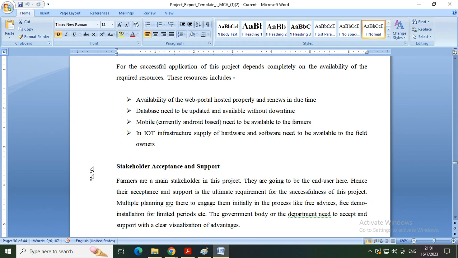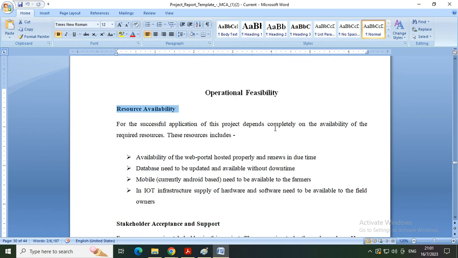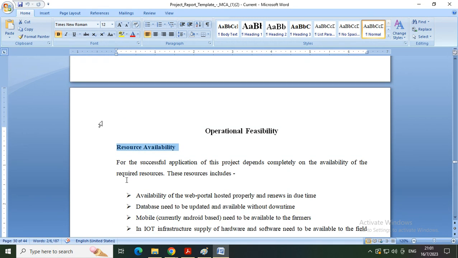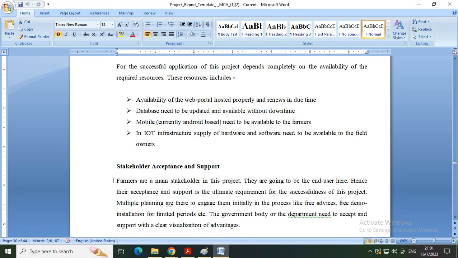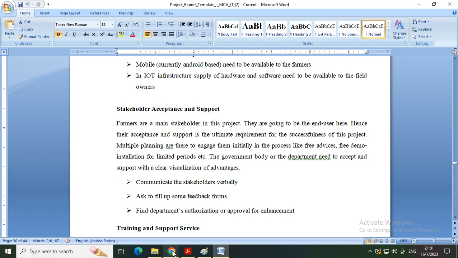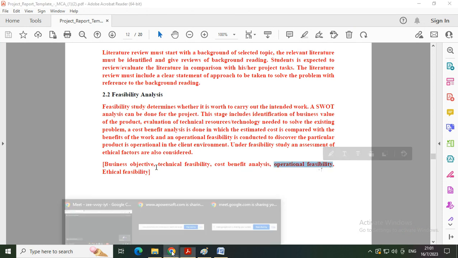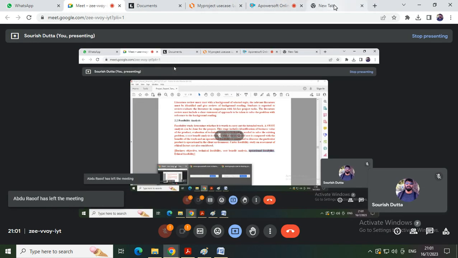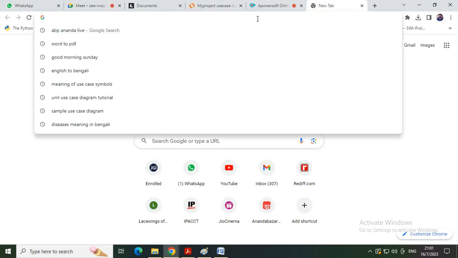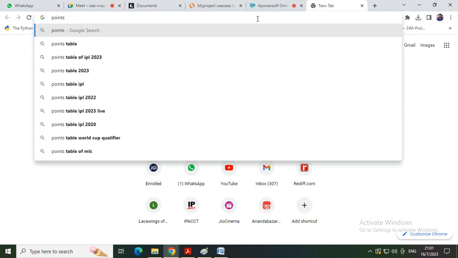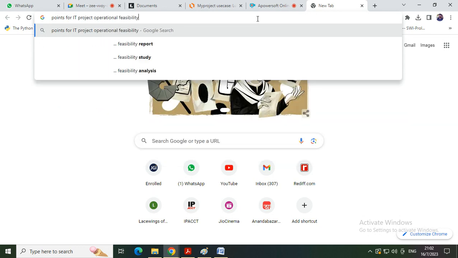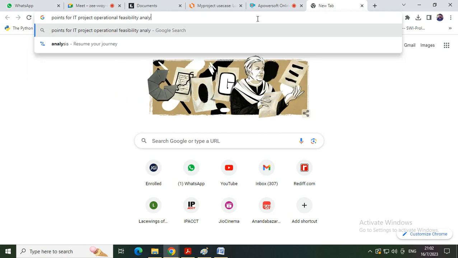For operational feasibility you can specify the resource availability. One thing I can show you in that way. Say for operational feasibility, look, just go to Google, points for operational feasibility.